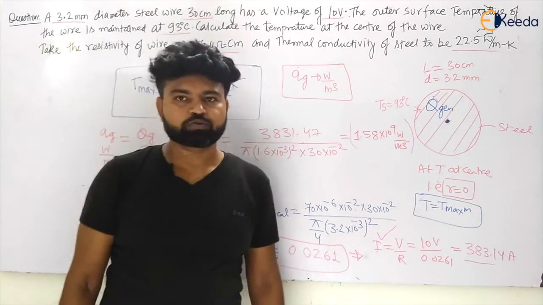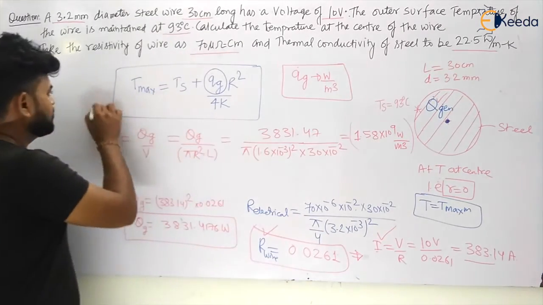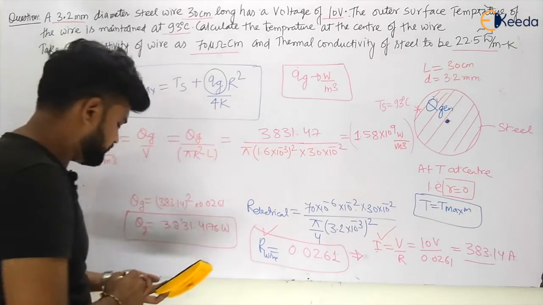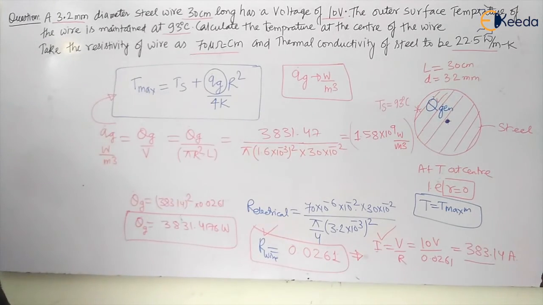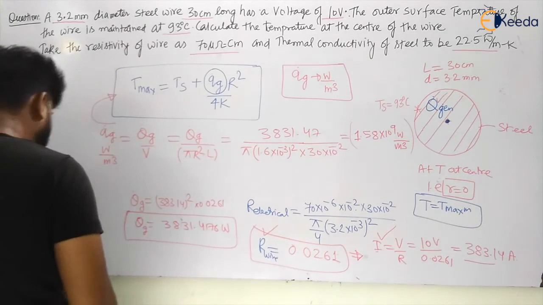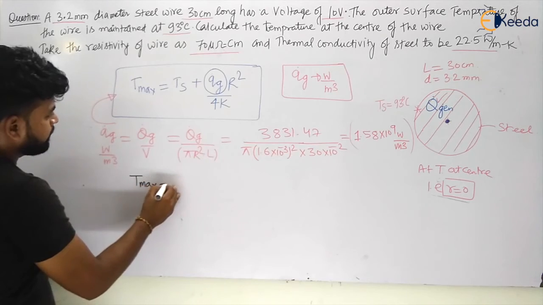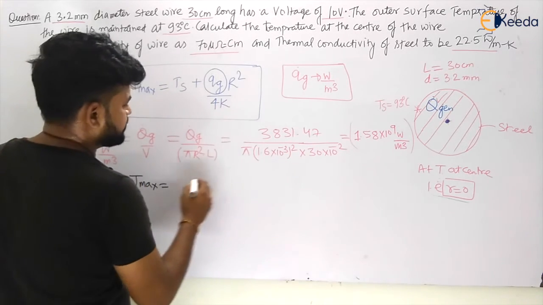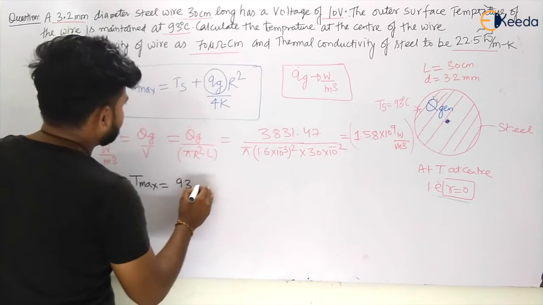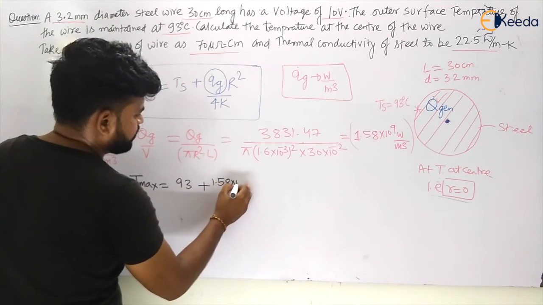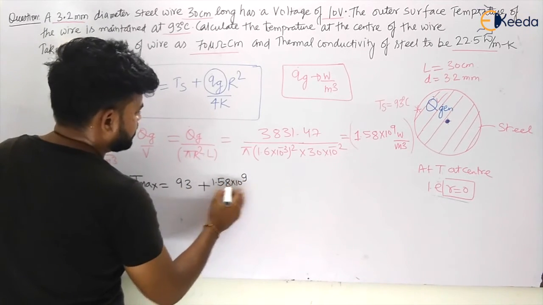Now I know. So can I calculate the temperature now? That is the maximum temperature in the cylinder. Yes sir, we can calculate. Let us see what will be the maximum temperature. So this will be given by T max is equal to Ts. What is the surface temperature? That is 93 degrees Celsius plus Qg 1.58 into 10 to the power 9 into R square.